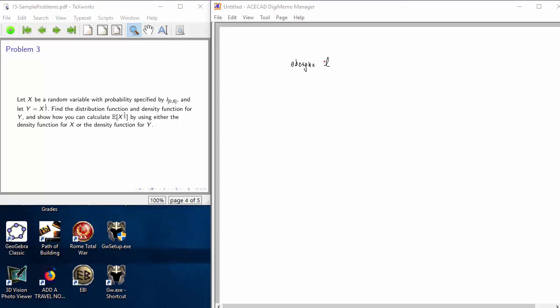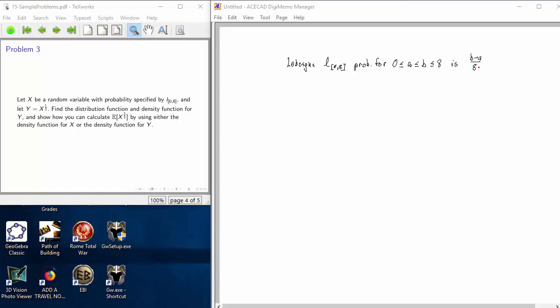When I say the probability is specified by little l sub 0, 8, that just means that the probability for an interval specified by a lower limit a and an upper limit b that are both between 0 and 8 is the length of the interval divided by 8.